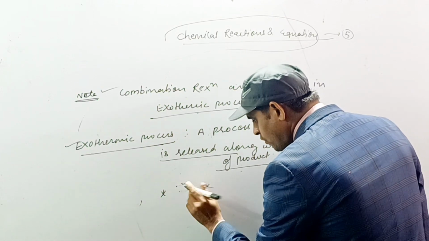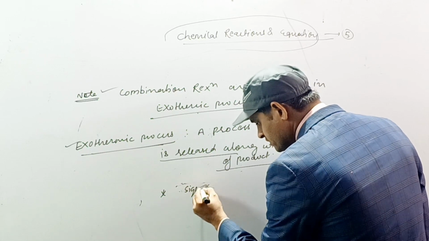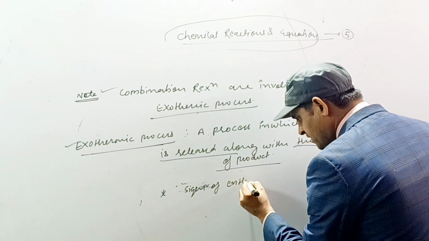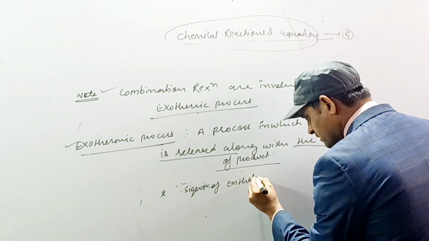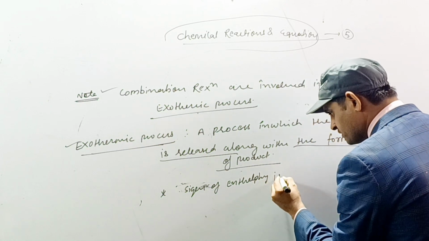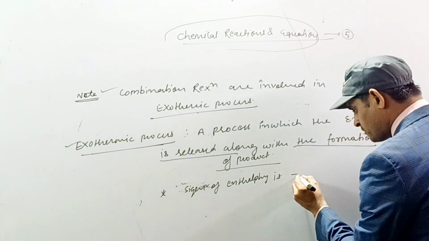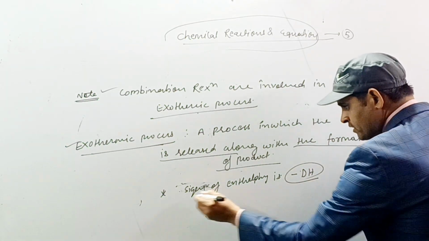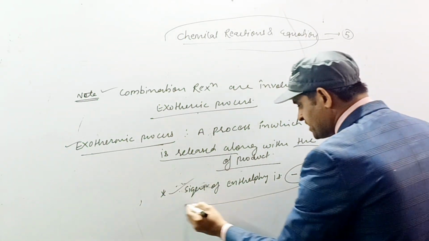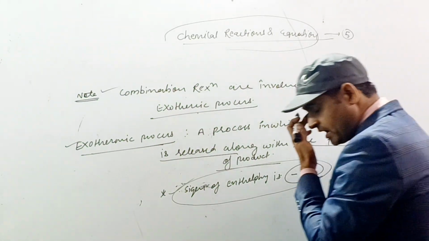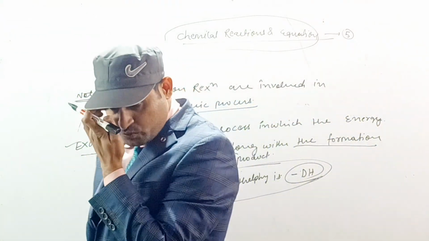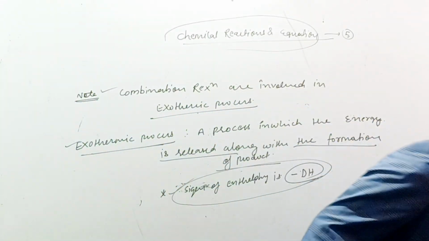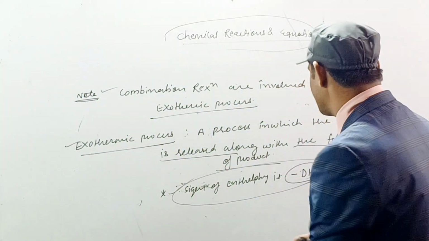The sign of enthalpy is minus delta H. So this process is known as an exothermic process, and we will write it this way.